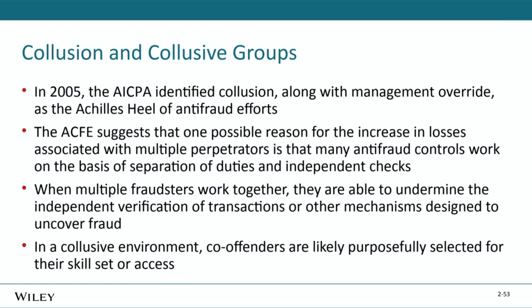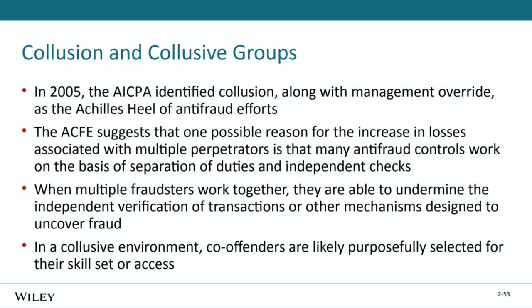All right. Collusion and collusive groups. So in 2005, the AICPA identified collusion along with management override as the Achilles, I say it should be heels because they got two of them there, the Achilles heels of anti-fraud efforts.